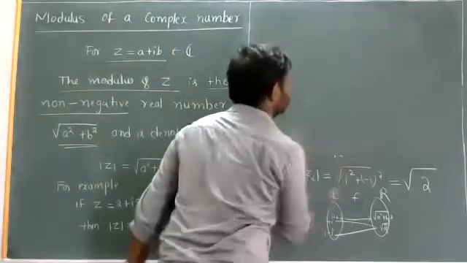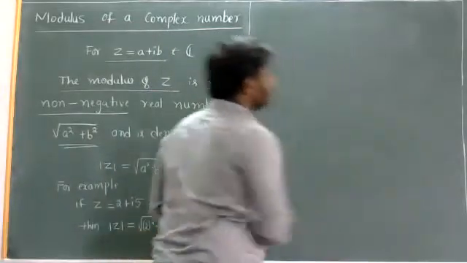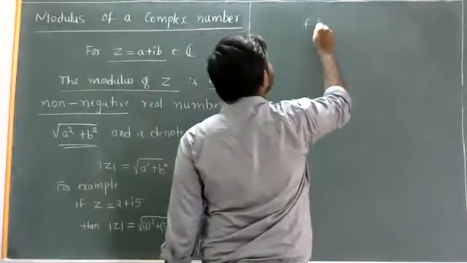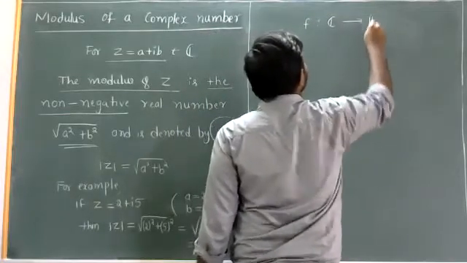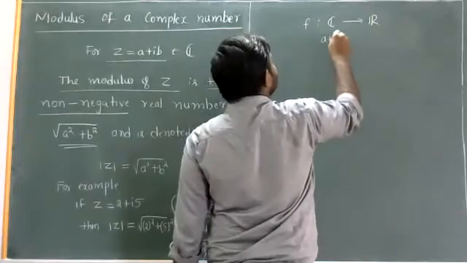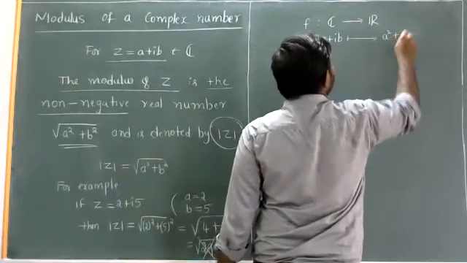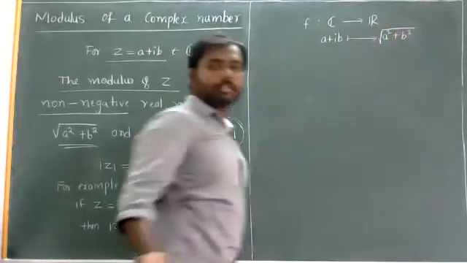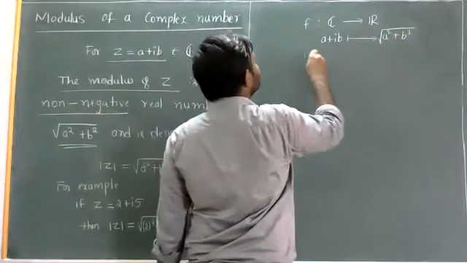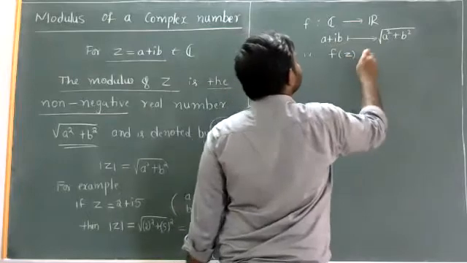Now onto. So the function is f from C to R, a plus ib is carried to the square root of a square plus b square, or symbolically it is f of z equals modulus of z.